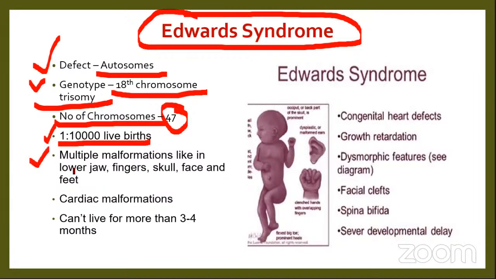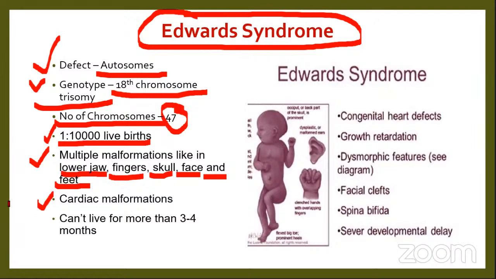In this condition, you can see certain symptoms like multiple malformations of the lower jaw, fingers, skull, face, and feet. These parts are all abnormally formed. They do not look normal, and they have cardiac malformations.